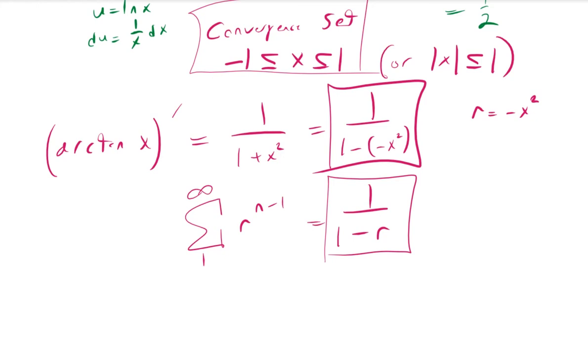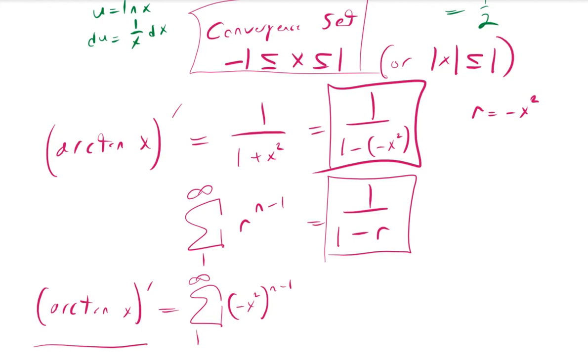And so if we defined r as -x squared, then that means we can say that the derivative of arctangent is the same as this summation from 1 to infinity of negative x squared to the n minus 1 power. Which means that we can start to define this then. We can define the derivative of arctangent instead of this fraction as a polynomial of these terms of x squared.